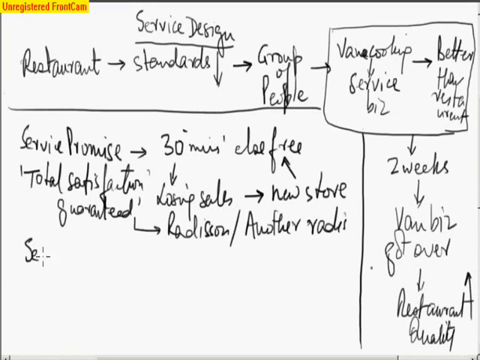After the service promise, to ensure that you deliver as per that promise, you have to define the service standards. When you're defining the service standards, you have to keep in mind what you are offering to your customers. For example, there are full service airlines.